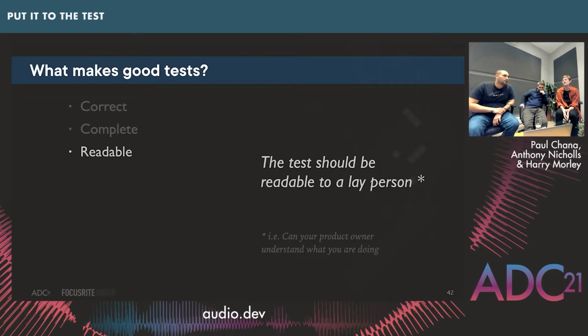If you use Cucumber or Behaviour Driven Development, it quite often is broken down into scenarios and then given, when, then, which makes this part of writing a good test much simpler. It's much easier to write a good test when the test architecture structures it in a helpful way. Conversely, if your tests aren't readable, you're going to come back to it in a year's time and not necessarily understand it.